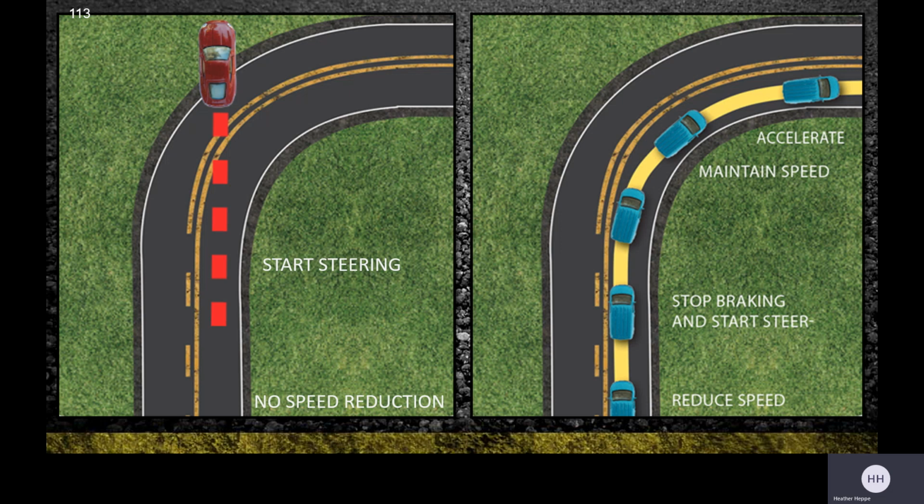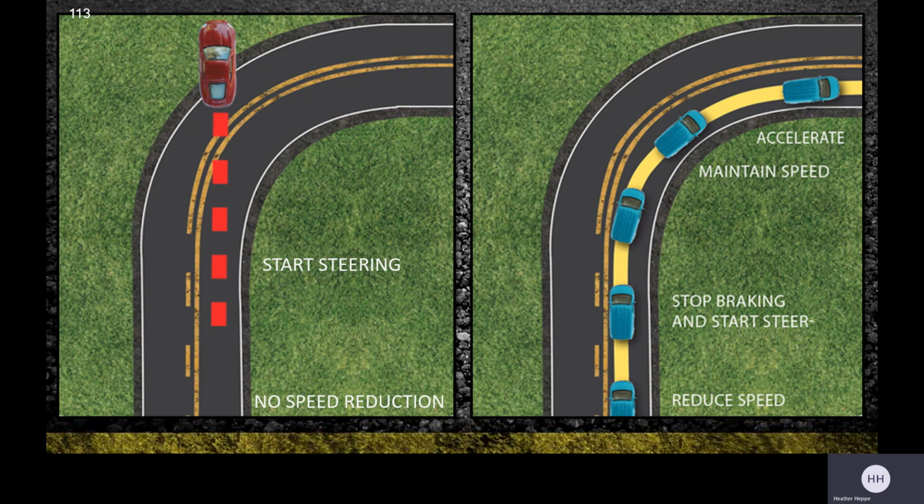So this car should have been slowing way back here to know that they're going to make it through the curve with increased safety. This car did not. Maybe they were distracted, maybe it was wet, maybe it was slippery. Could be multiple reasons why they didn't, but we can see that if we don't slow down, the potential for us to go straight ahead has increased.